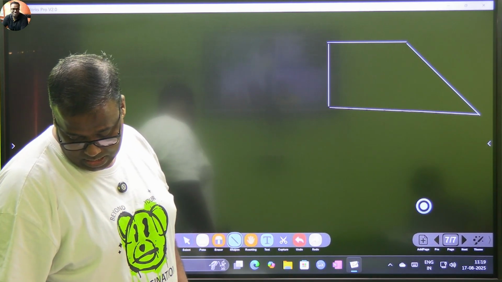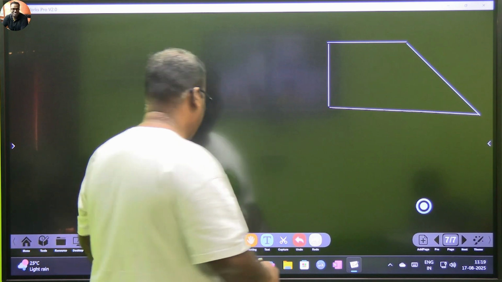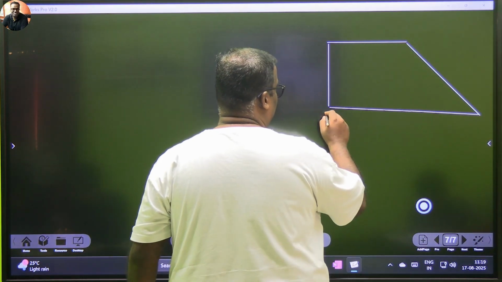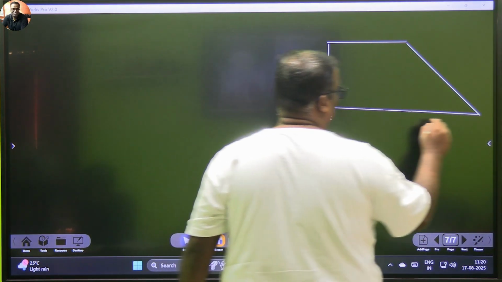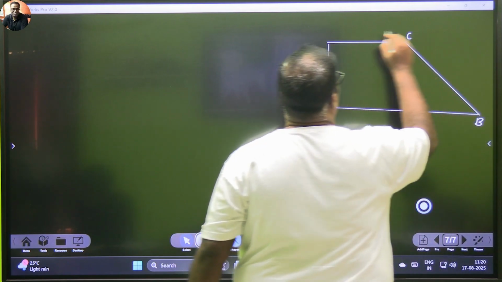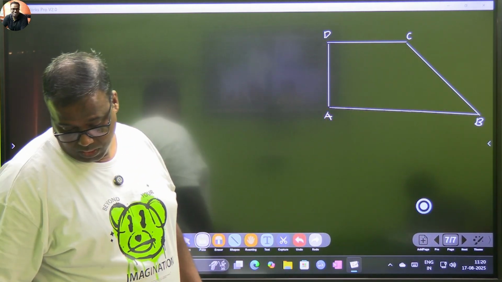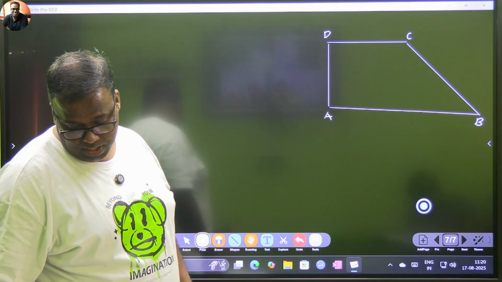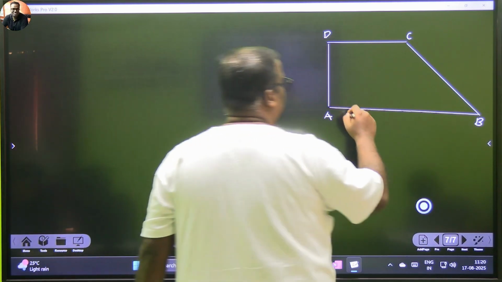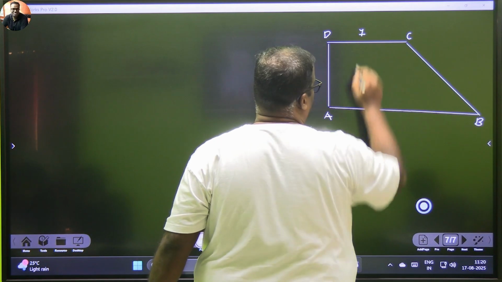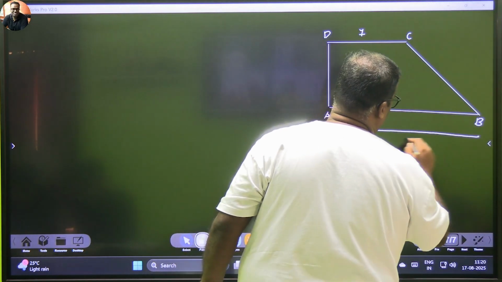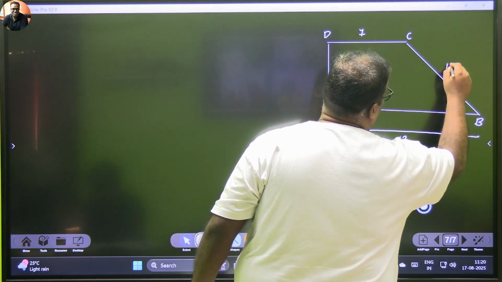A, B, C, D. Okay, fine. What are the measurements, bacha? DC is 7, 10, 13. The entire side is 13 and this is 10, right?